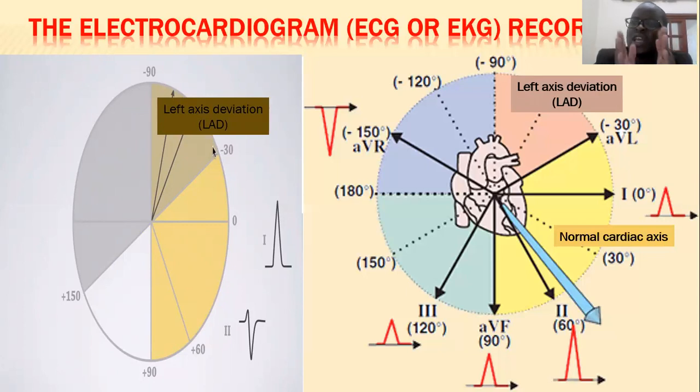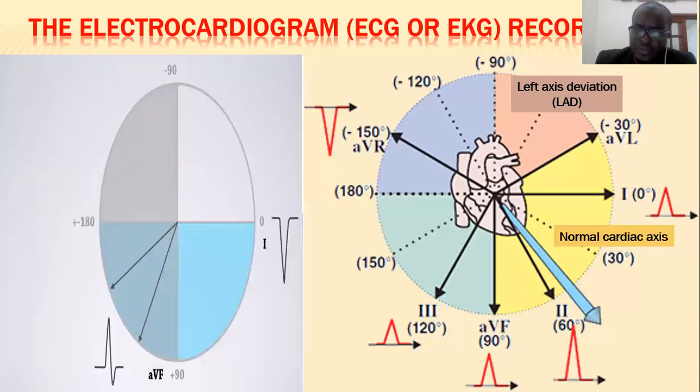It's because the muscles are abnormal in terms of the diameter. They have increased so much that the normal vectors of the heart are changing direction. So you find that it will deviate into left axis deviation. These heart vectors will be between negative 30 and negative 90. So that is called left axis deviation.